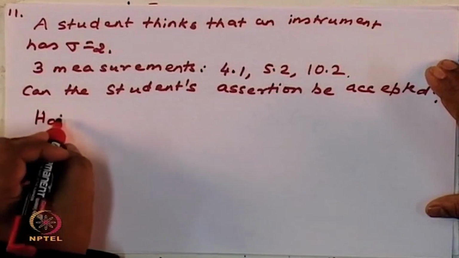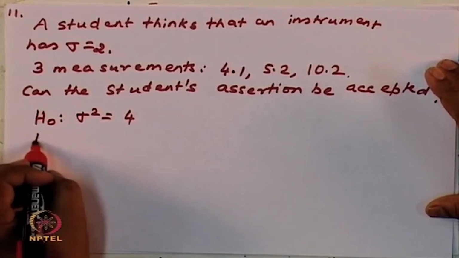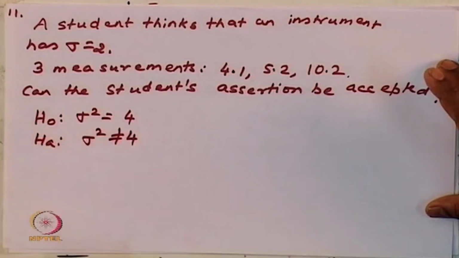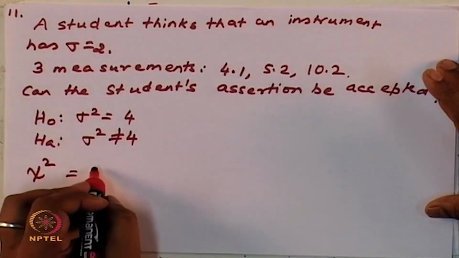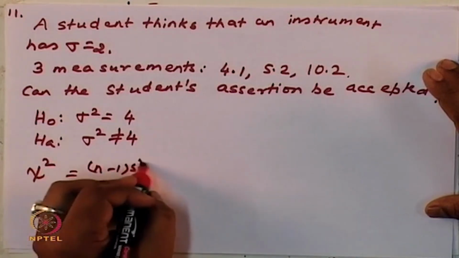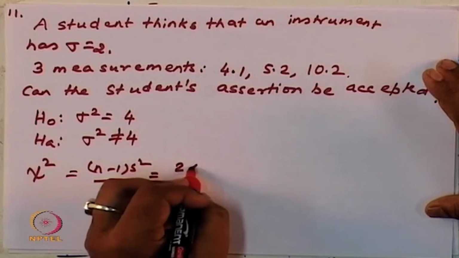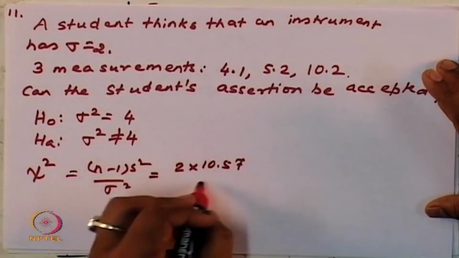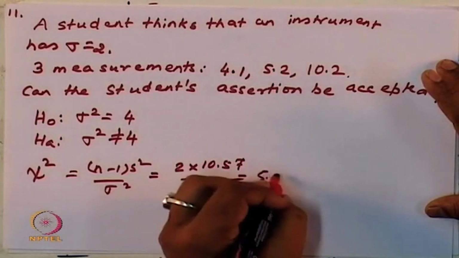Our H naught is sigma square equal to 4. Okay. Alternative hypothesis is sigma square not equal to 4. Okay. So, my chi square value is n minus 1 into s square by sigma square. Okay. This gives you 2 into 10.57, which is what you calculate as s square, by 4 is 5.285.